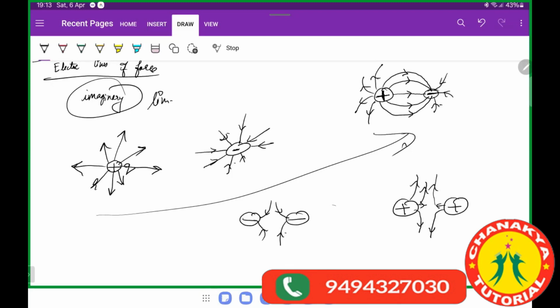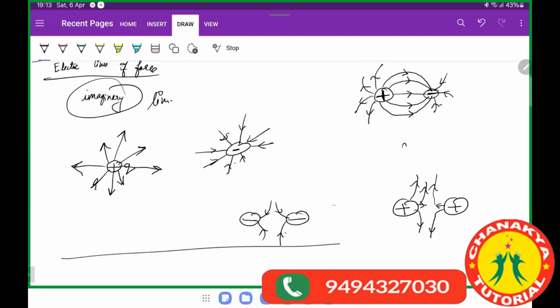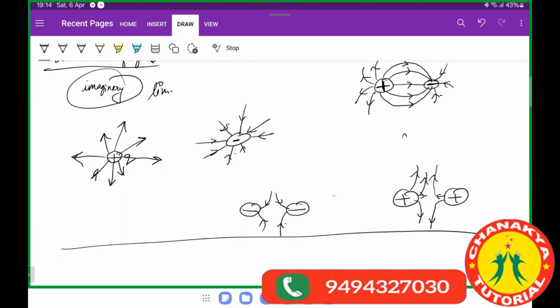So clear about lines of force? Yes, sir. Okay. So next, let me erase this part, and let's write some properties of this. We can make some points from these diagrams. First thing we concluded: they are outward and inward.